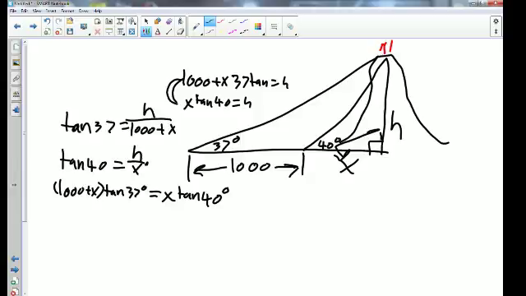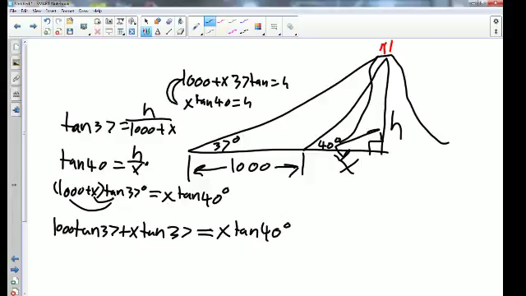What I would do is distribute these factors. So you get 1,000 tan 37 plus x tangent of 37, if you distributed that, equals x tangent of 40 degrees.